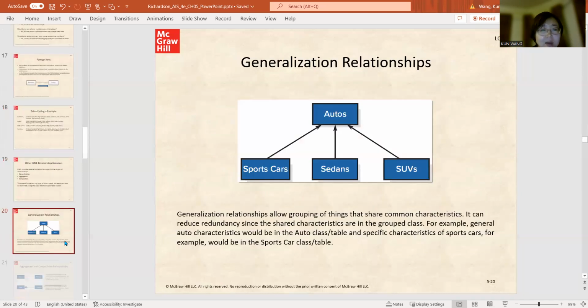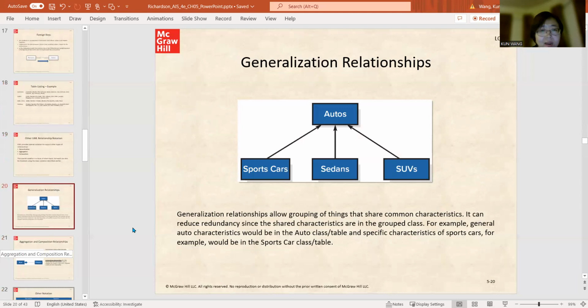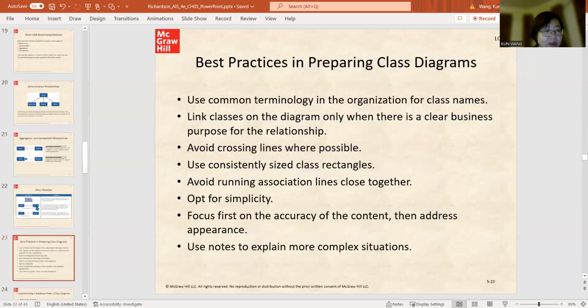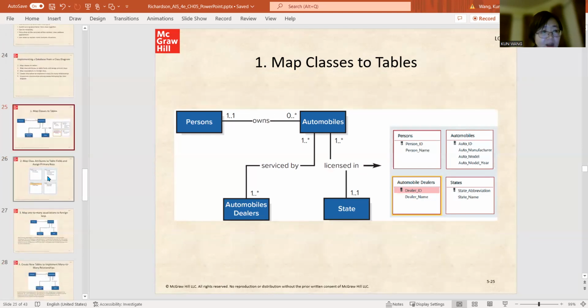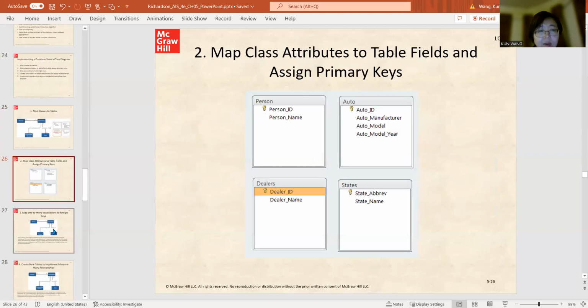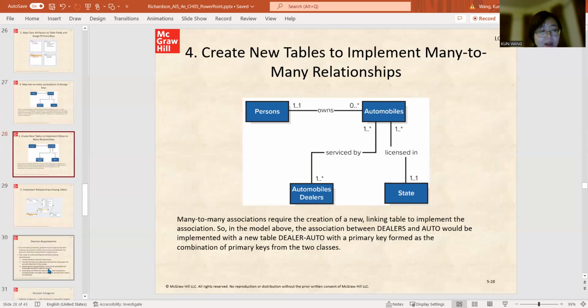They have generalization examples, but this one is a mapping of classes. If you have time, you can continue to read. They have a continued presentation of the multiplicities and the tables we need to manage. You can push it further to see how they implement and manage them.